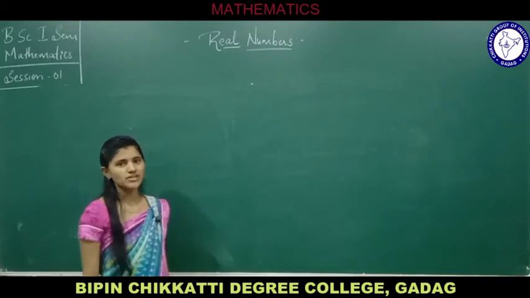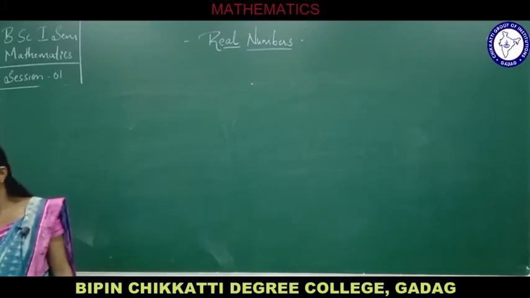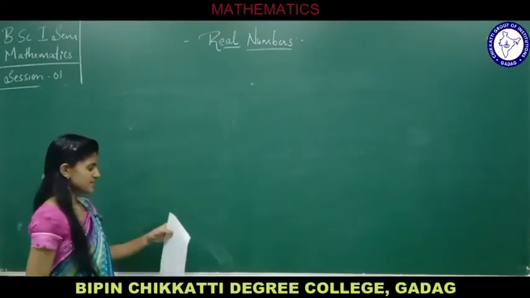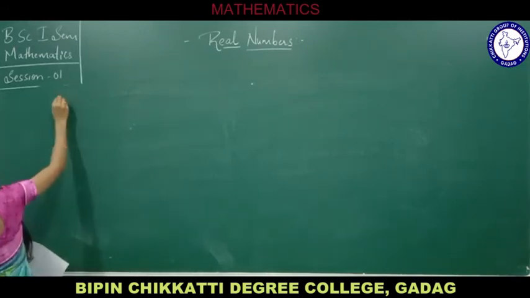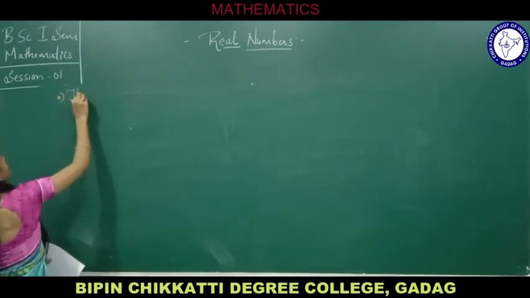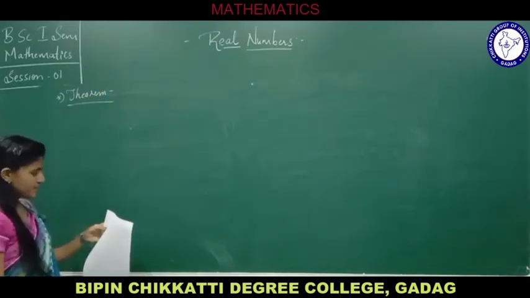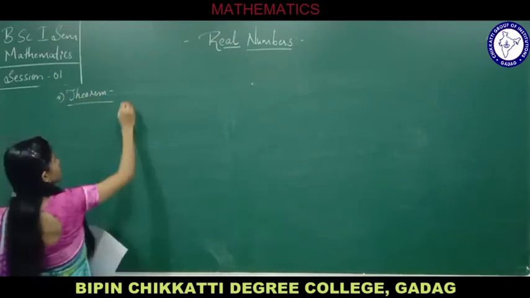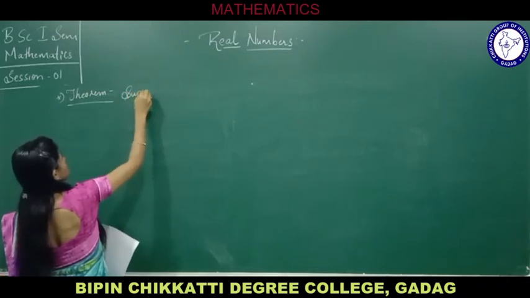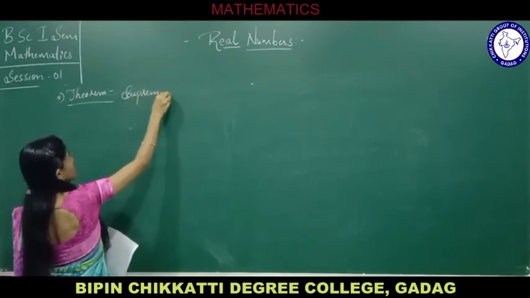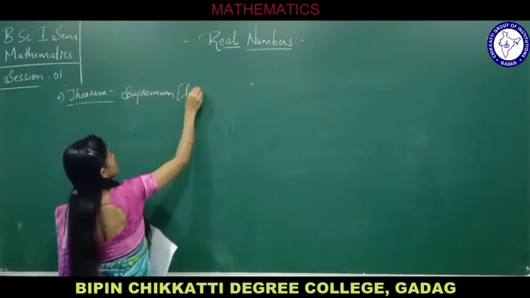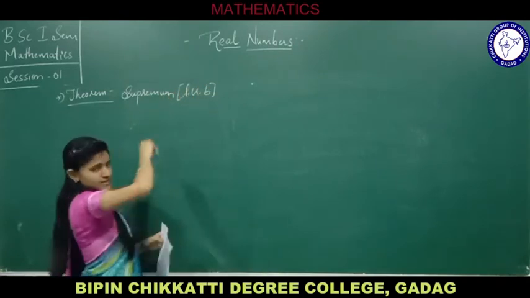Let us look over one of the theorems. What is the theorem given? The theorem is that supremum. Another name of supremum is least upper bound, right?